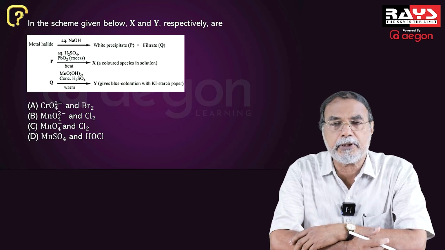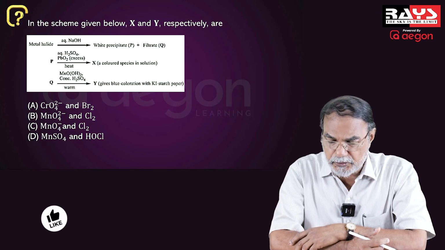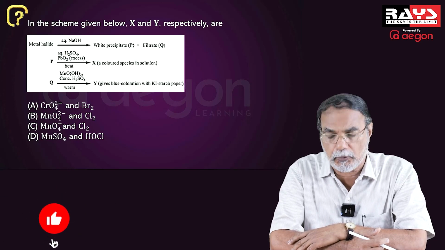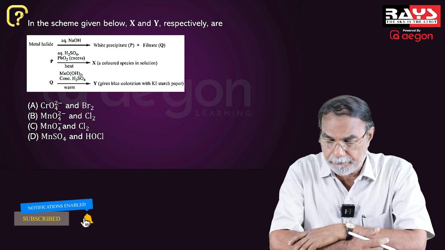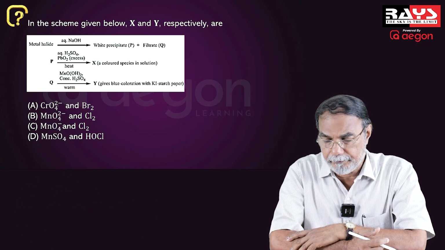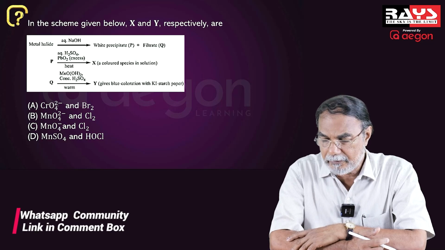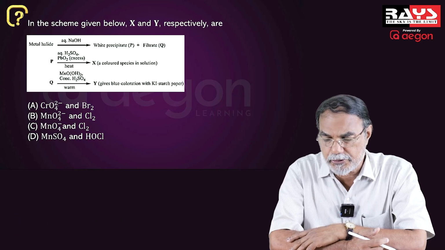Now this white precipitate P is treated with aqueous H2SO4 and excess lead dioxide and heat. You are getting X, which is a colored species in solution.